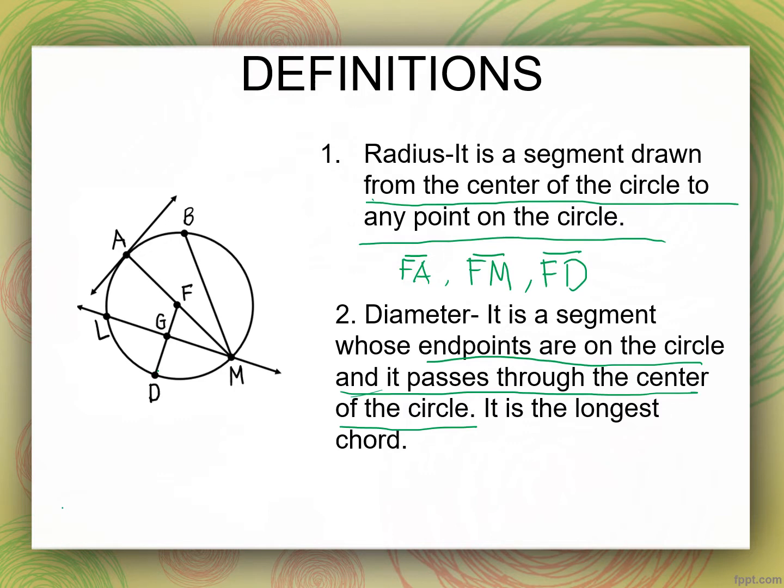So if we check the figure here, we only have one segment whose endpoints are on the circle and which also passes through the center, and that would be your segment AM. So segment AM is a diameter.